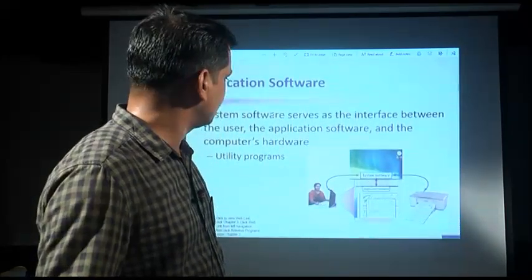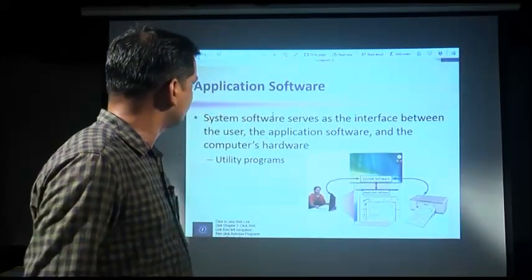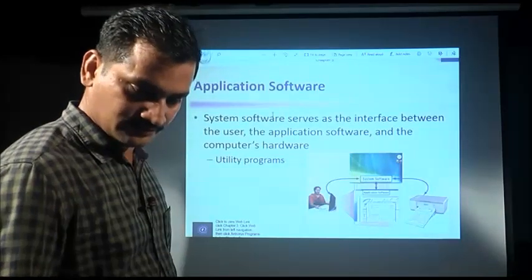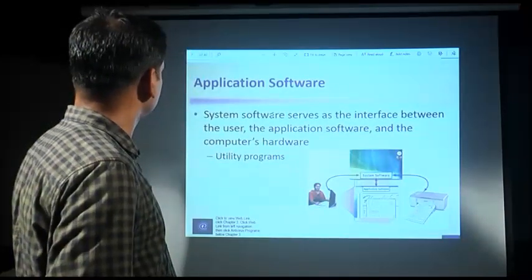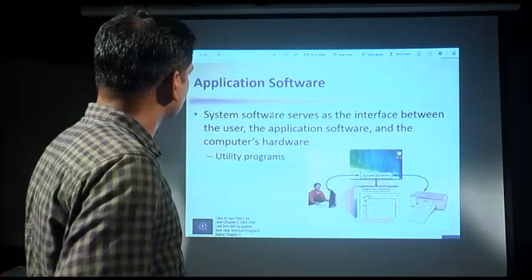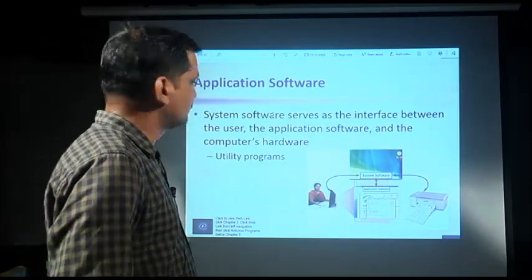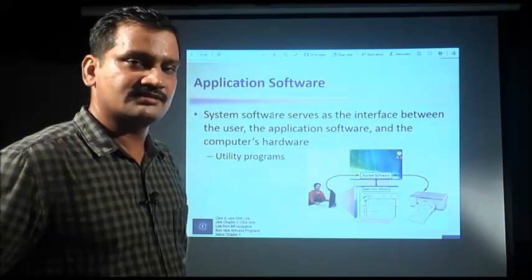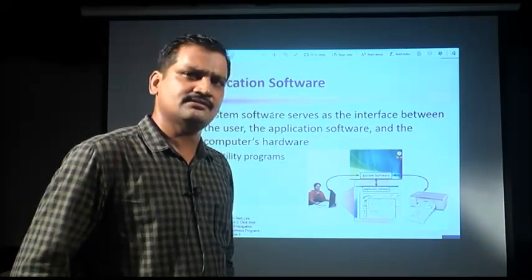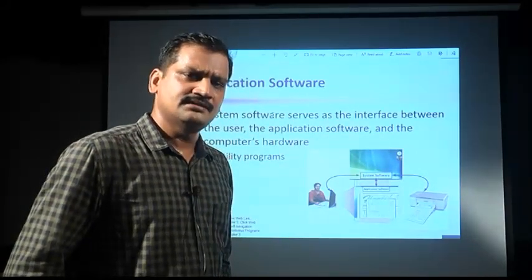As you can see, this diagram explains why application software is used. We know that system software serves as the interface between the user and the application software. Earlier we discussed system software like the operating system, compiler, and device drivers.